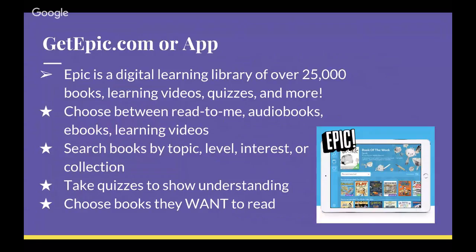It's a digital learning library of over 25,000 books. It's got videos, quizzes, very engaging for the students. They can choose between different levels of books that are read to me, audiobooks, ebooks, learning videos. They can search books by different topics, interest. They can take quizzes and they get to choose the books that they want to read.